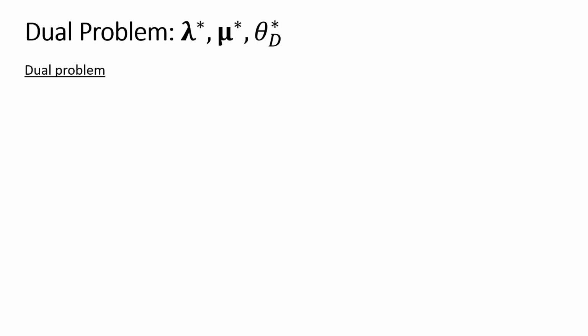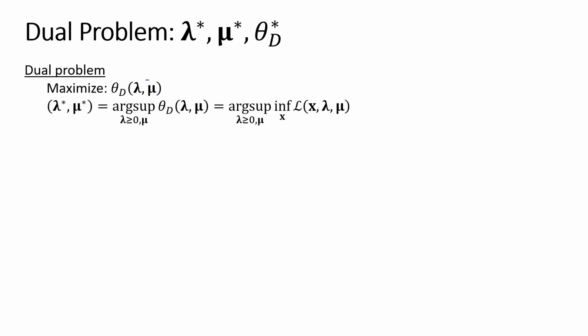Now let's look at the dual problem. Maximize theta d of lambda, mu with respect to lambda and mu, of course. And the solution is lambda star, mu star, which is the arg sup of theta d of lambda, mu, the dual function.